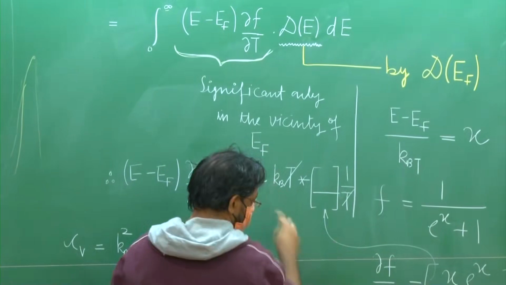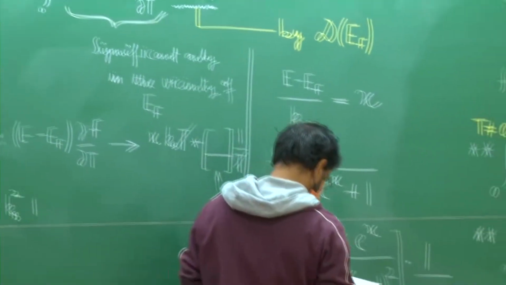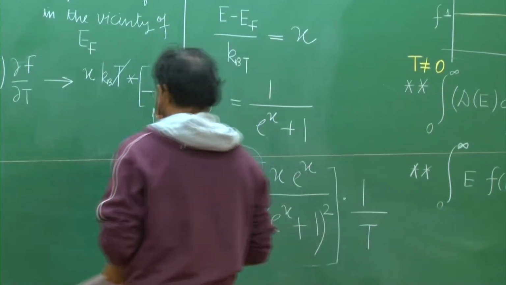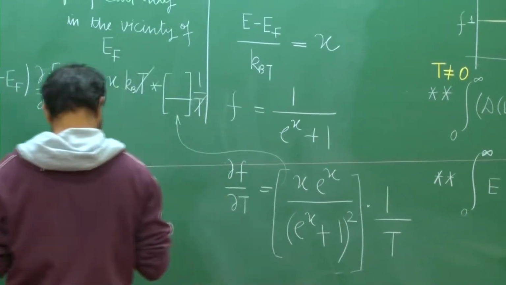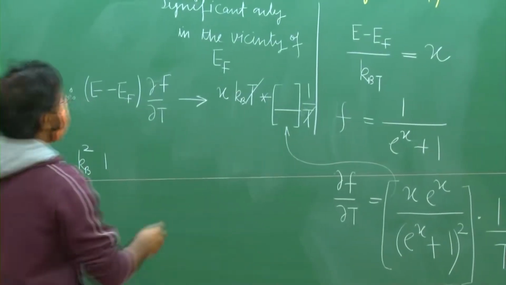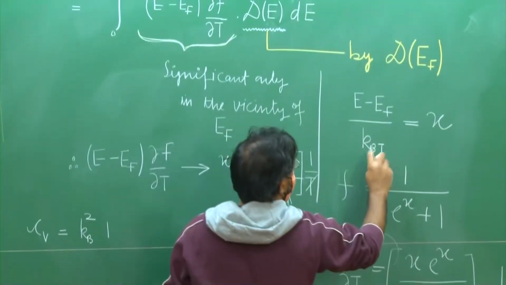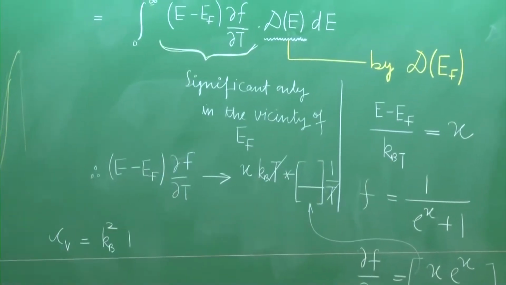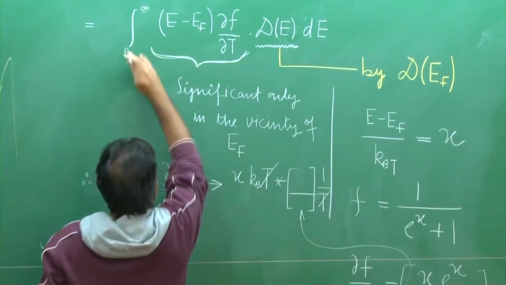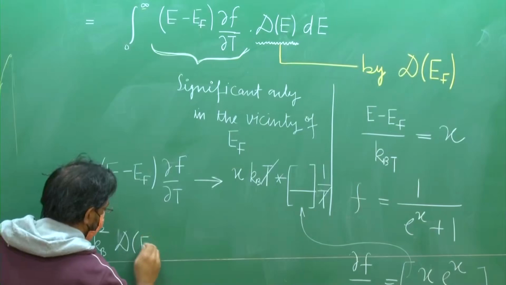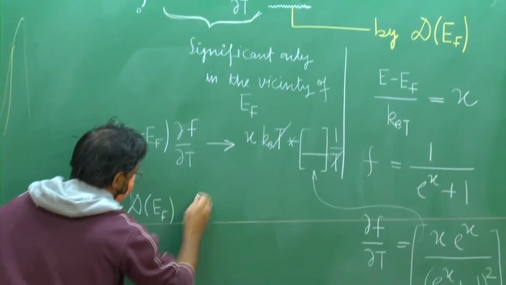This should be kB, and there should be 1 kB over here also from del f del T. Just check it. So this should be kB square. dE is kBT dx, that's right. So when you replace dE by kBT dx, 1 kB will come from there and 1 from here, so it will be kB square. And then dEF is coming out. And then what remains inside is just this.